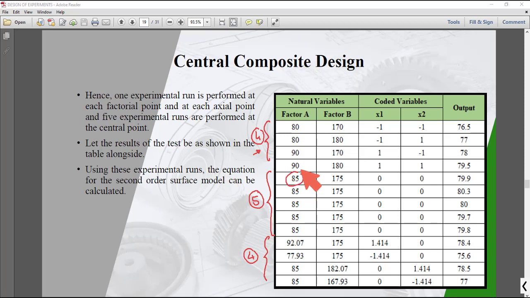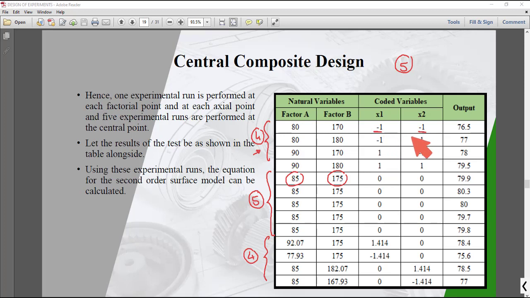If this is the central 85, this is negative, meaning less than 85, so it is -1. Here we have 175, it is less than 175, so it is -1. Step size is 5, right? We saw in that graph, every time we are moving 5 units forward.